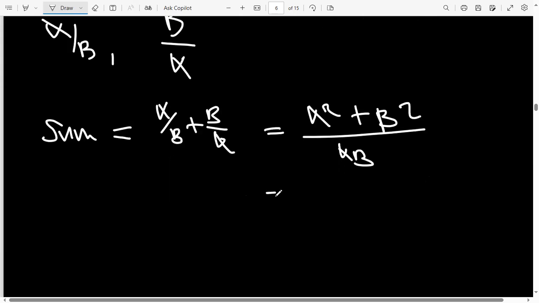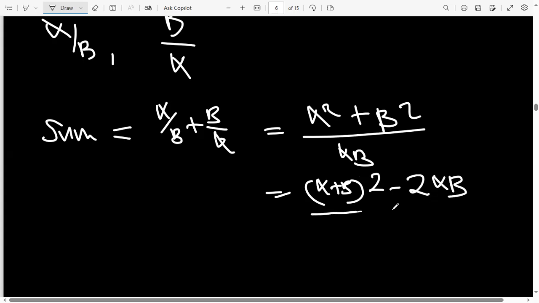So we know the identity: alpha squared plus beta squared is alpha plus beta squared minus 2 alpha beta. I showed you how to derive this, and then we're dividing by alpha beta.